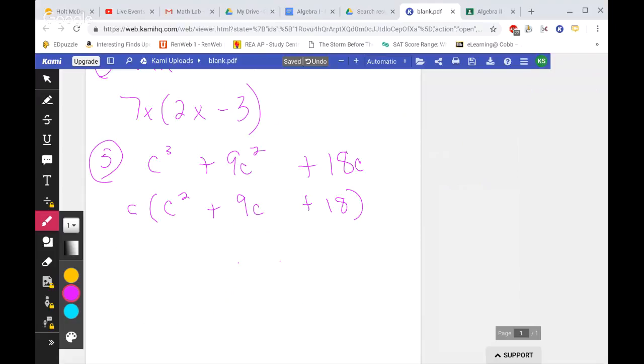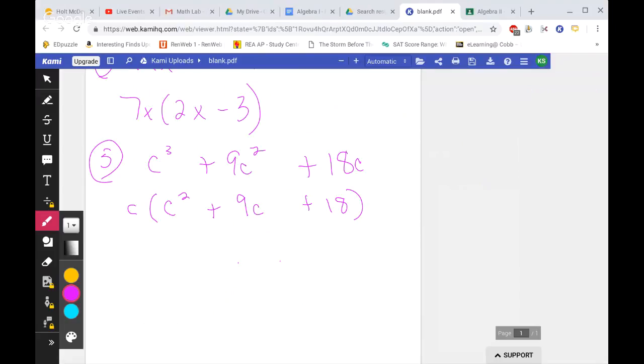Do I have to keep factoring the other parentheses, like the 9 and 18? Well, on this particular one, you should recognize this as a quadratic form, and you would factor it like we did our quadratics in the last section. So you're going to look for two numbers that multiply together to give you 18 and when combined give you 9.